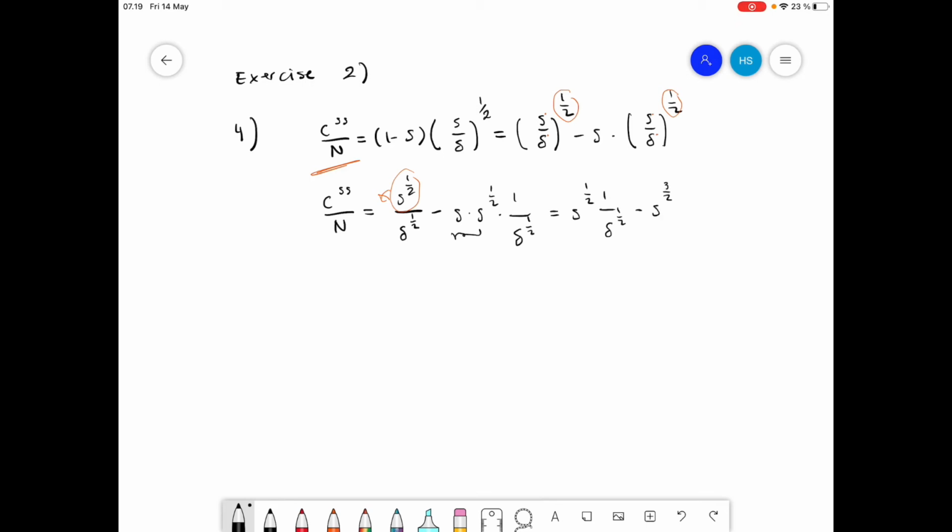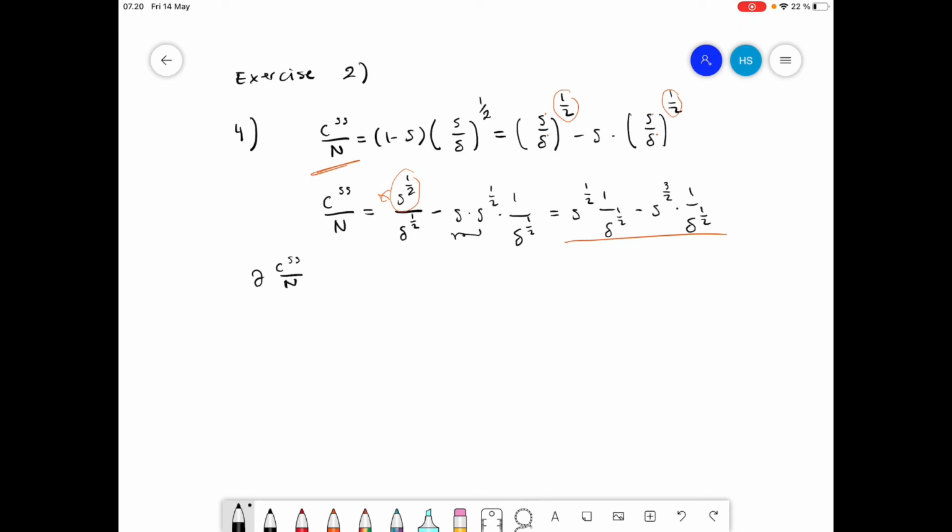That must be equal to s to the power of 3/2 times 1 over delta to the power of 1/2. Now, we cannot write this expression more explicitly than we did right now. So we take this and differentiate it.